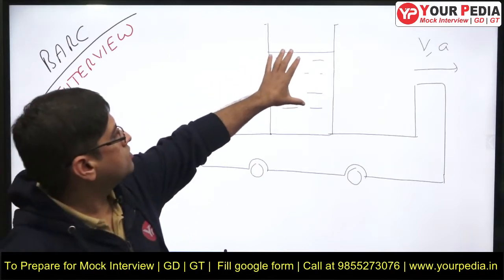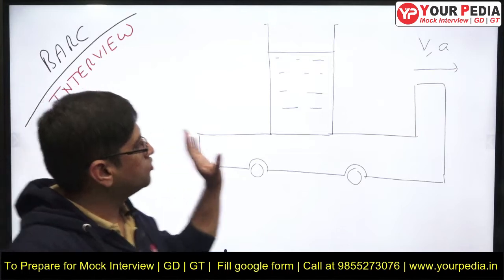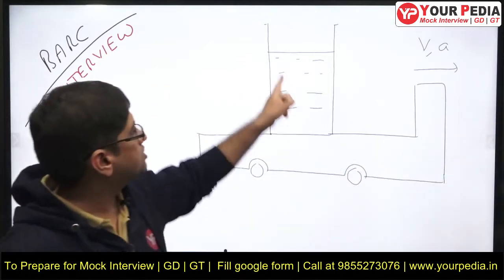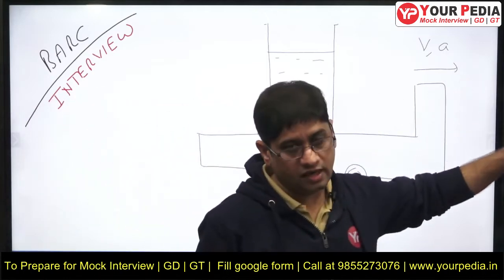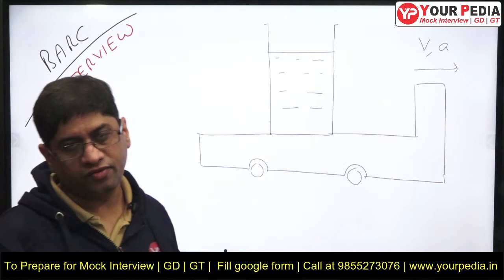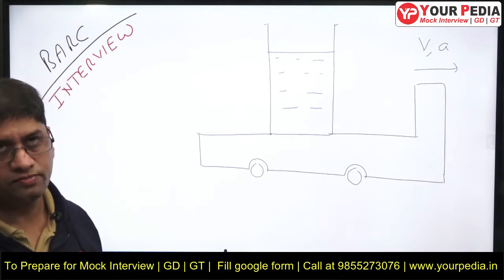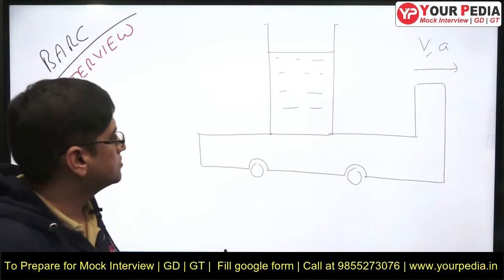So what kind of shape or profile will it make? If it is moving at uniform velocity v, what will be the shape of this free surface? And if it is accelerated at a, what will be the shape of this free surface? That was the first question. I will make a separate recording for this question.